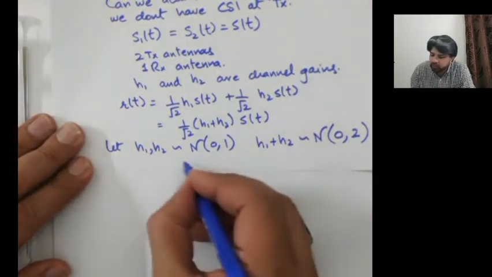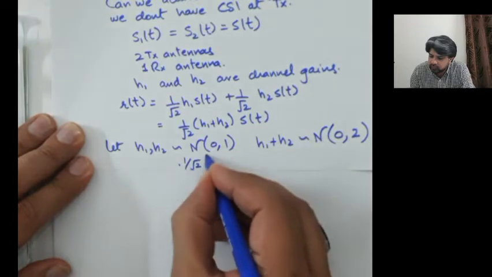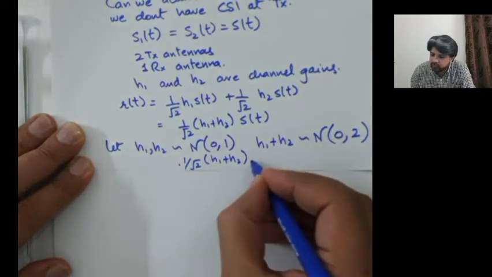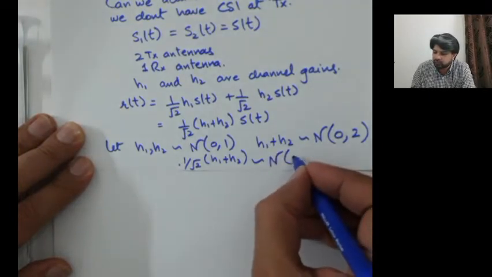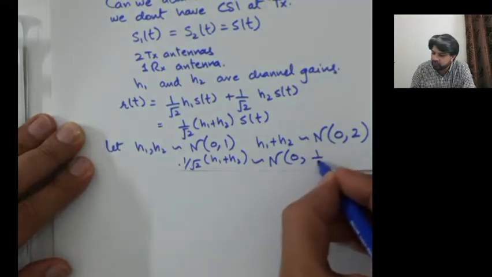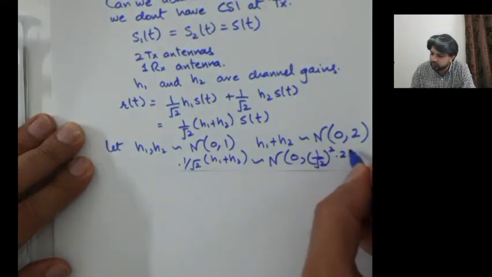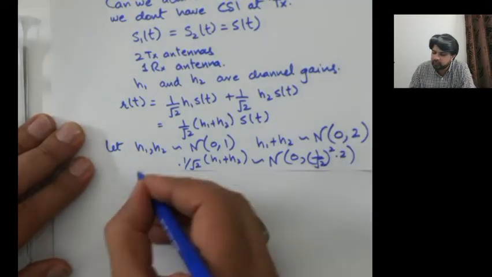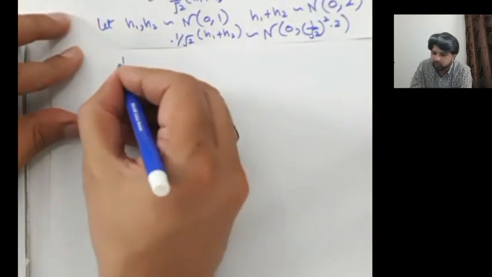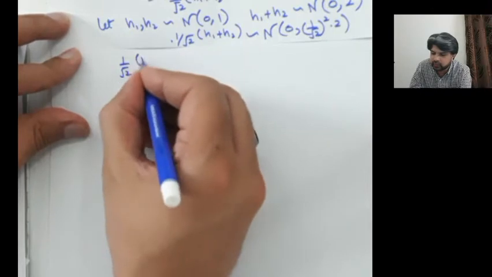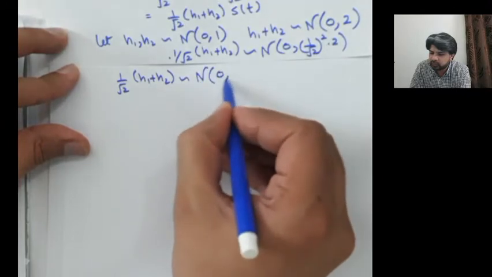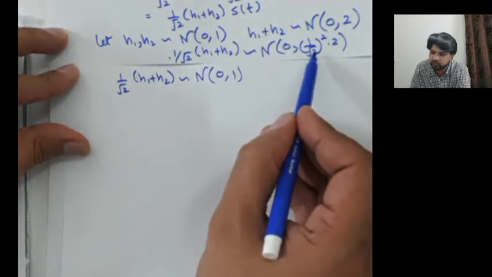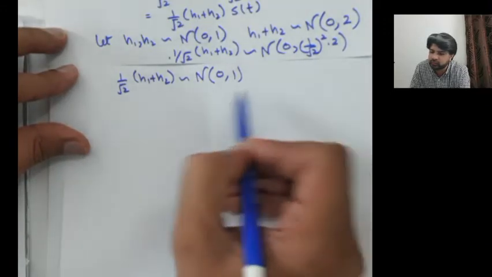What about 1 over root 2 times H1 plus H2? It would still have a mean of 0 and a variance of 1 over root 2 squared times 2. That means 1 over root 2 times H1 plus H2 would be a random variable which would have a mean of 0 and a variance of 1, because 1 over root 2 squared is 1 over 2, times 2 gives you 1.